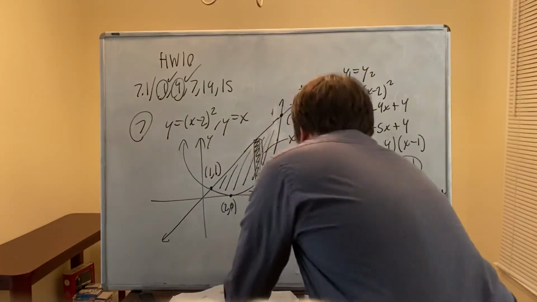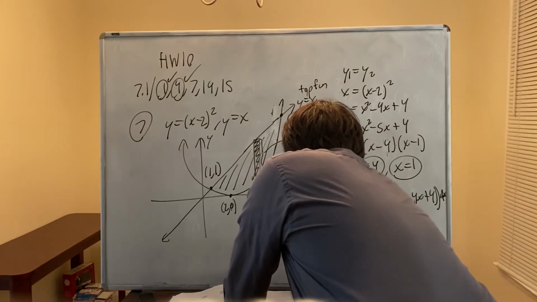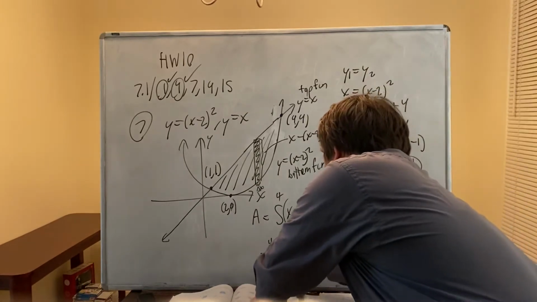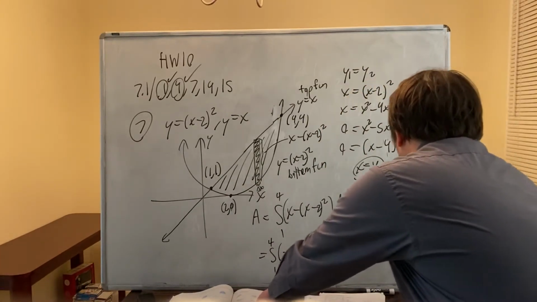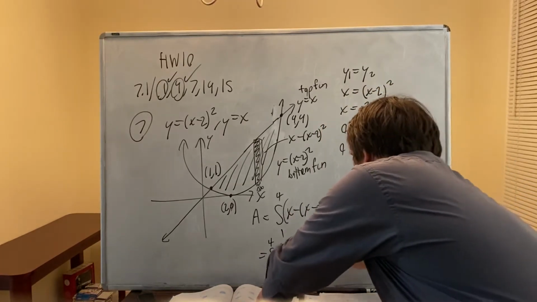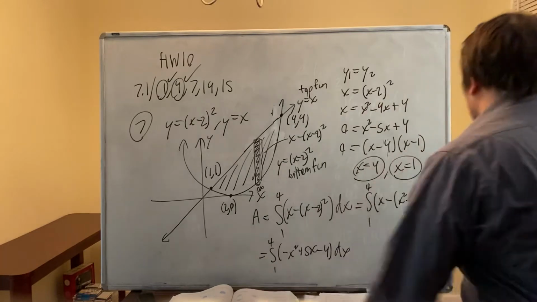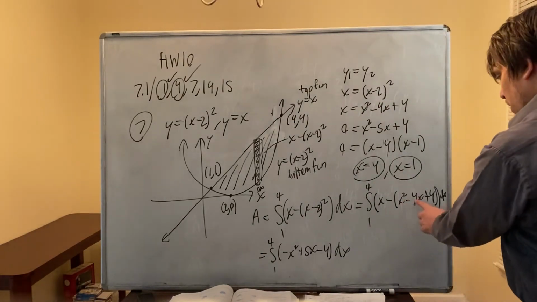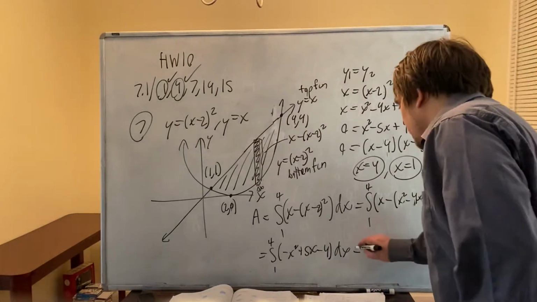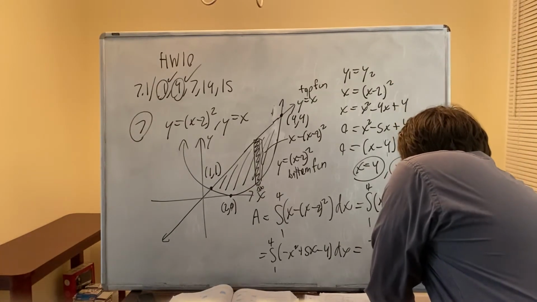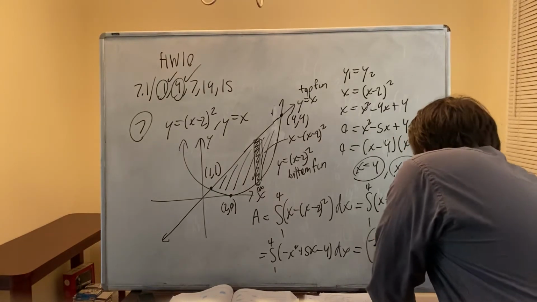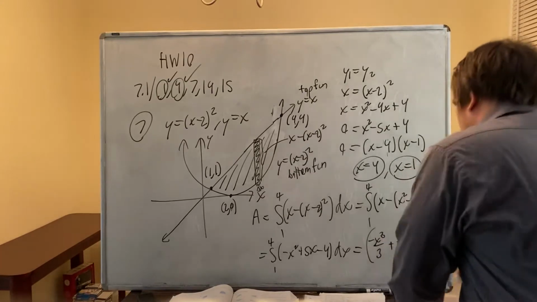That's the integral from 1 to 4 of negative x squared, x plus 4x is 5x, minus 4, dx. Now you take an antiderivative, which is negative x cubed over 3 plus 5x squared over 2 minus 4x, evaluated from 1 to 4.